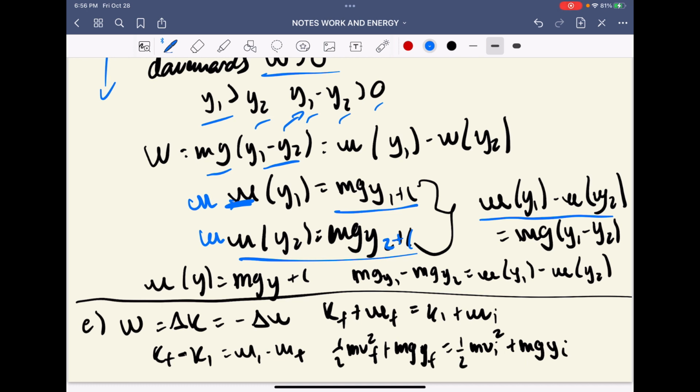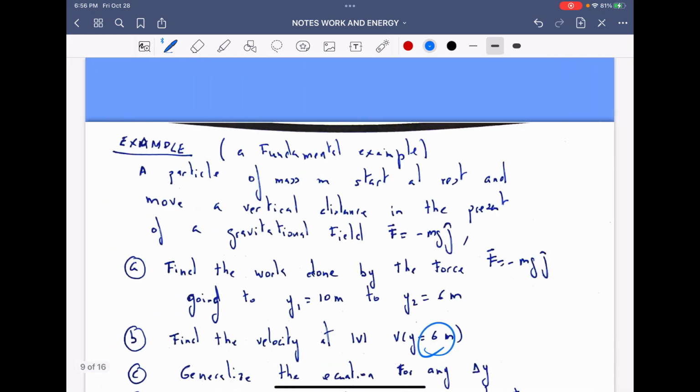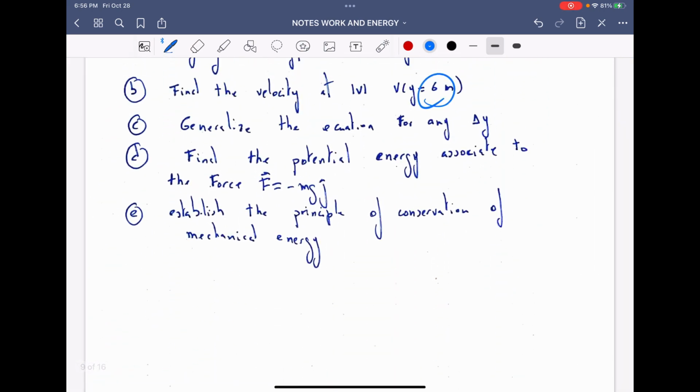So we can draw from this that U of y equals mgy plus c. This kind of proves this point: mgy1 minus mgy2 equals U at y1 minus U at y2. So that basically answers how to find the potential energy.